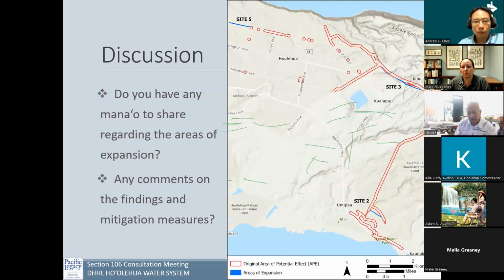But other than that, my understanding is that the improvements, as shown on the construction plans, do not impact private land. And if it was, they had been notified. So it is a notification process.